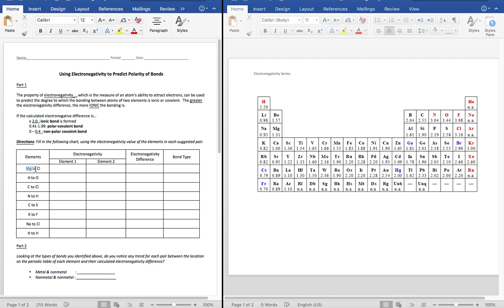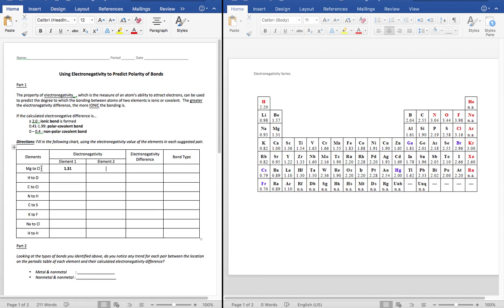We have two elements here, magnesium and chlorine. Magnesium, if you look on your periodic table, is here on the left-hand side. And right here is magnesium. So magnesium has an electronegativity value, again, how much it wants electrons, of 1.31. So I'm going to type in 1.31 in here.